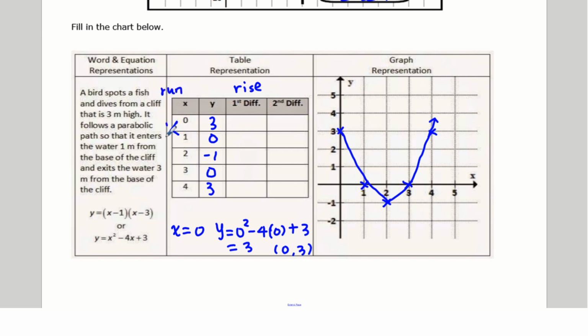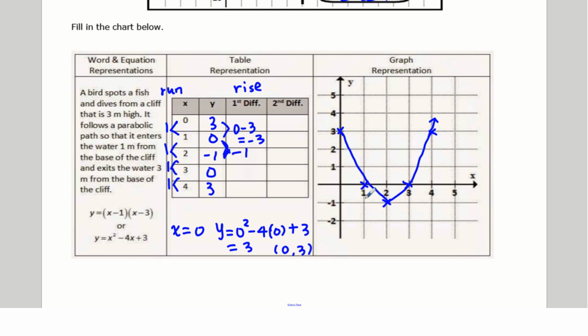From 0 to 1 is right 1, right 1, right 1, right 1. Then we look at the rise from 3 to 0. The difference means subtraction, so it equals -3, which is down 3. From here to here is down 3, right 1. The slope is -3.